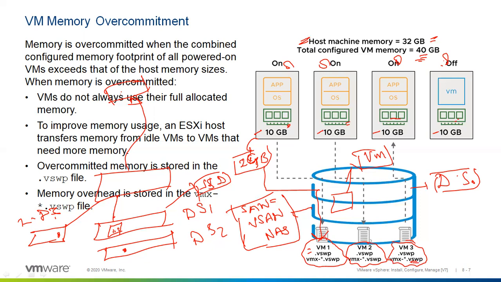Whenever we create a virtual machine, by default, this file will be created. But this file size is always dynamic. Whenever swap is required, this file will increase. Whenever swap is not required too much, it will decrease. The maximum size the swap file can go to is equal to your virtual machine memory, not beyond that.